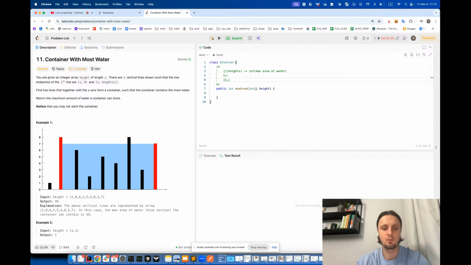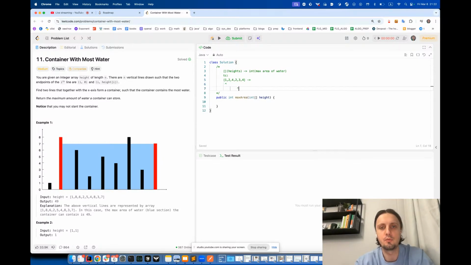So let's say we have 1, 2, 4, 2, 3, 4, and our result would be the following. Let's draw what containers we can have here.